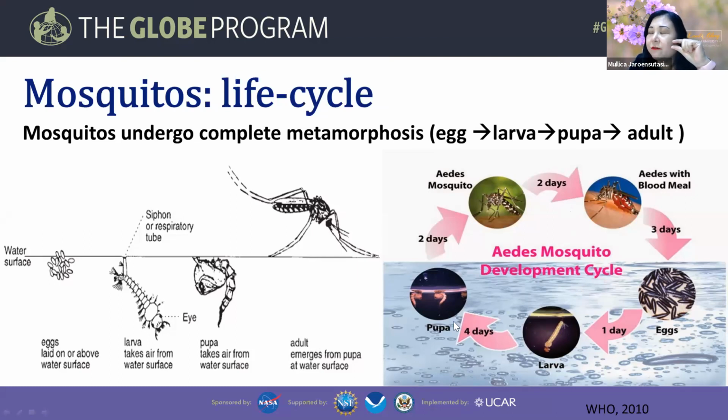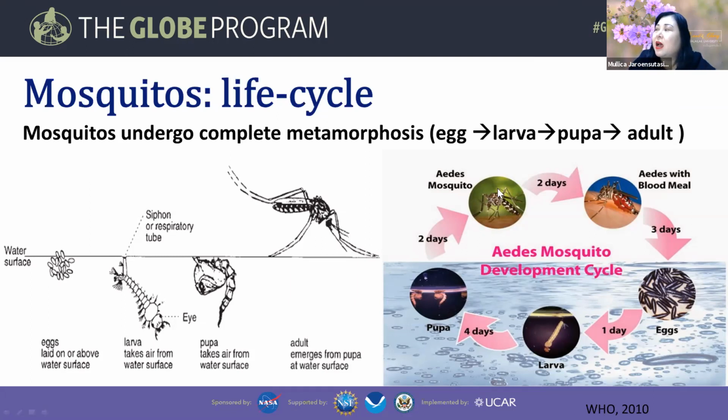Once they reach the 4th instar, they change to become pupa, and from pupa it will take them 2 days to emerge from water, and then they become a female mosquito that is very hungry, ready to go and suck your blood and take a blood meal.